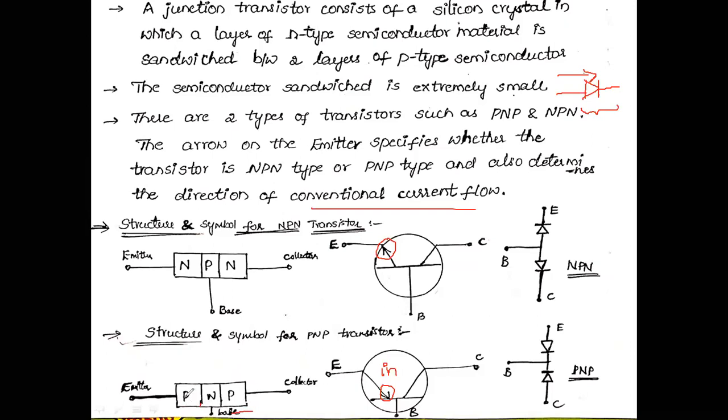And from the other end of the p-type semiconductor material, I am going to draw another terminal, that is the emitter terminal. And from the other side p-type material, another terminal, that is the collector terminal.